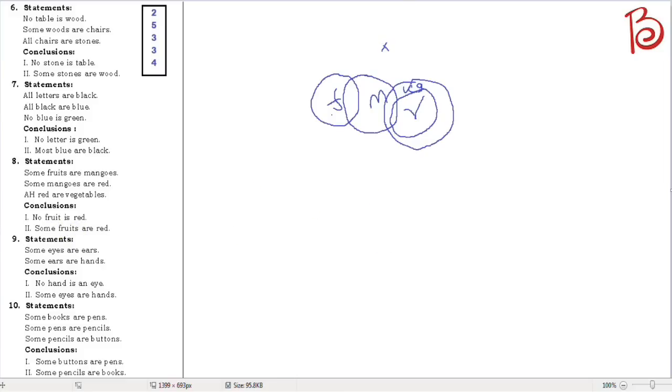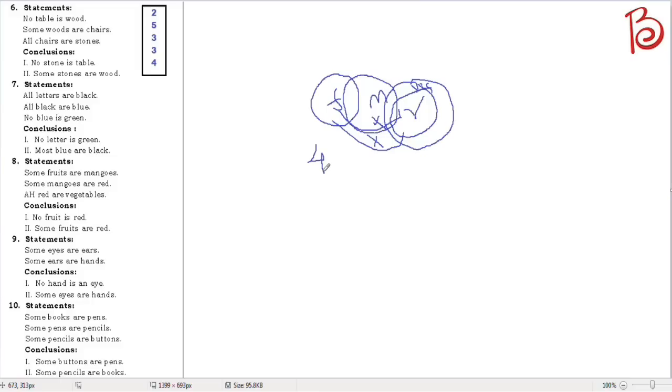This is the normal diagram we got. The first one says no fruit is red, and red is inside vegetable, so there is no relationship, and again for fruit and red, no relationship. We should say that both are wrong. Ideally the option would have been 4.